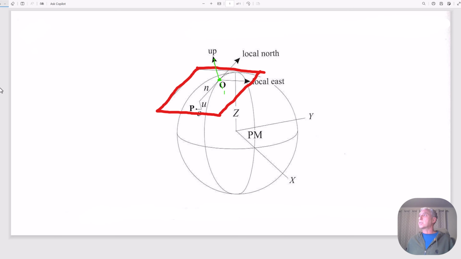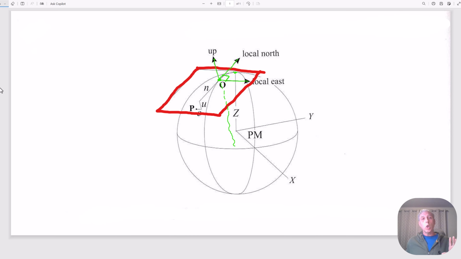And then we would have our northing axis, which aligns with the meridian going through the point of our origin, pointing toward the pole. We have our pole here. And then we have our local easting, which is simply perpendicular to our northing axis.